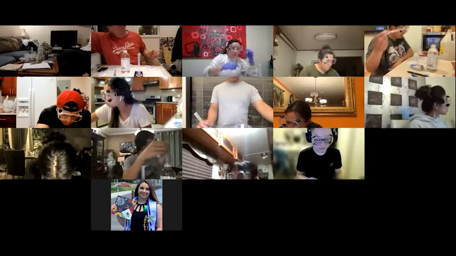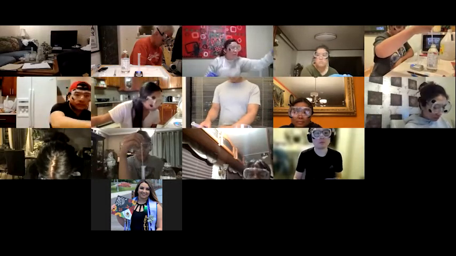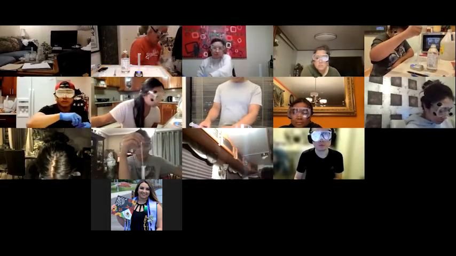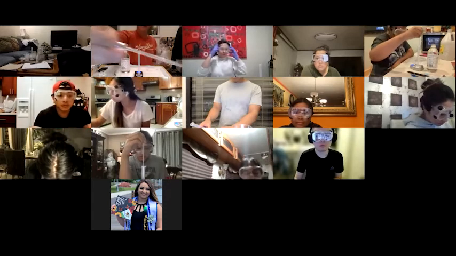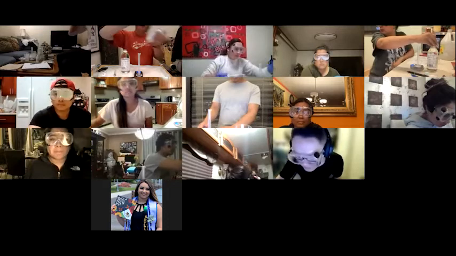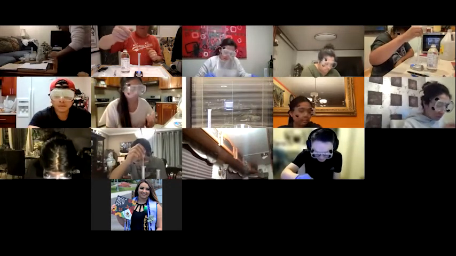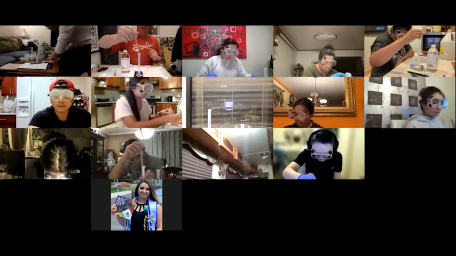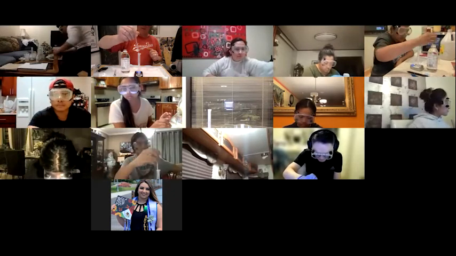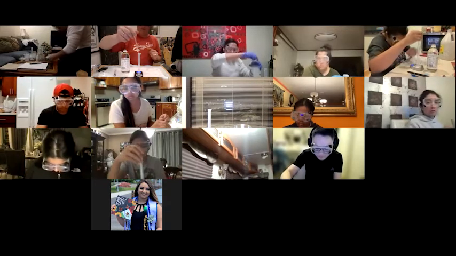Now you should have a transfer pipette, like one of these. This is what you want to use to transfer the vinegar to the graduated cylinder. When you get to around 5 mils, you can just stop.